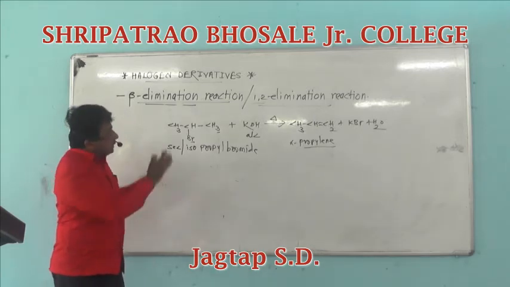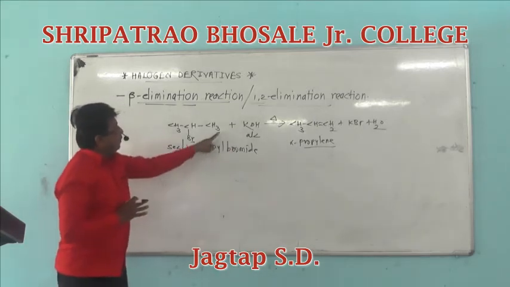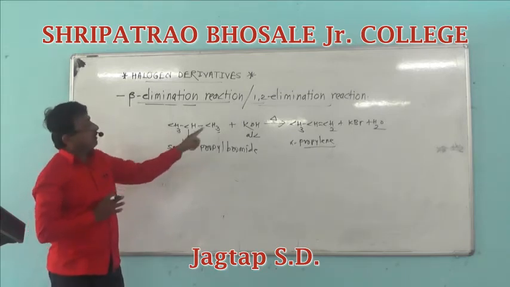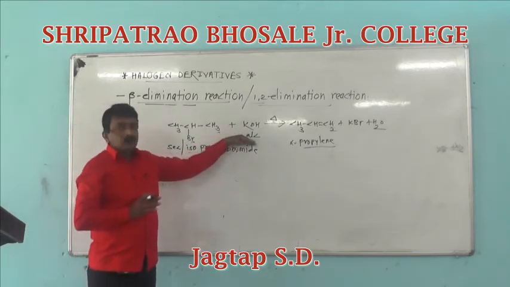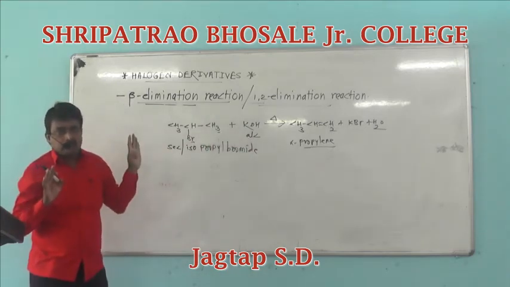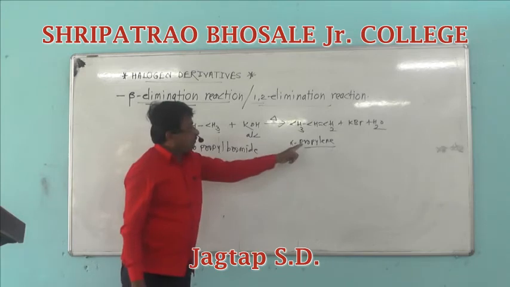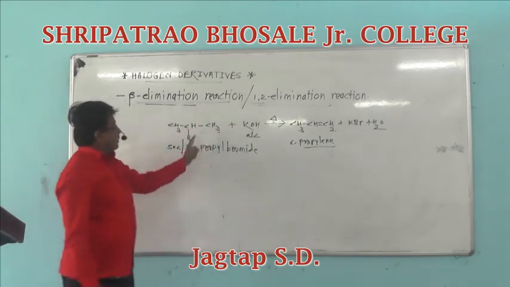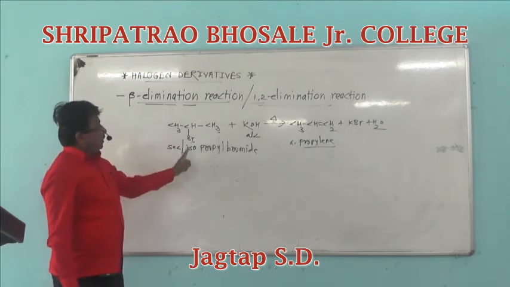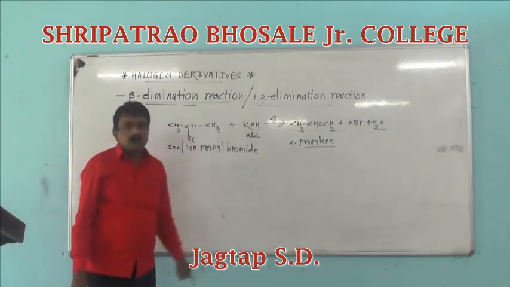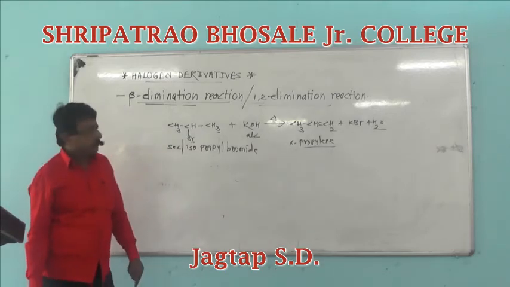In this reaction also, the removal of hydrogen halide takes place from the adjacent carbon atom and gives the corresponding product. This reaction is known as beta elimination. The question may be: how will you convert isopropyl bromide into propylene?